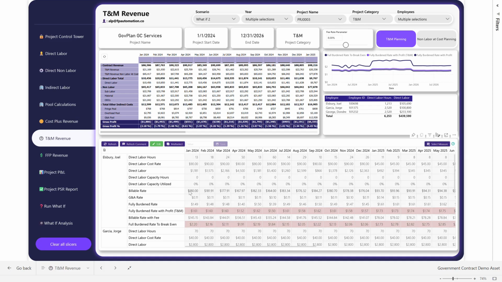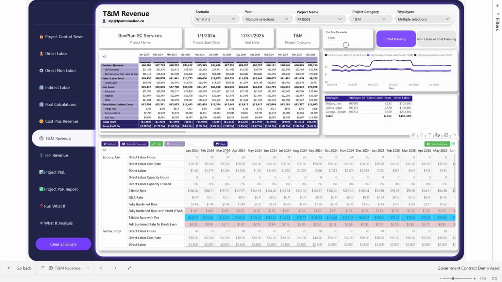So in our case, we have the ability to change these numbers, but in reality, we can only charge this particular billable rate with fee for this particular individual. So we actually have a limit in terms of how much we can charge for this project. If I were to, for example, do a select measure function, which is another function within the Acterys matrix visual, we can right click to select the billable rate with fee or select all.